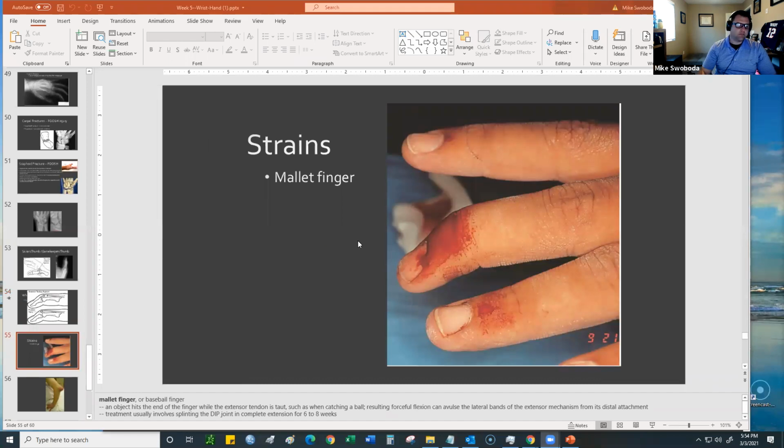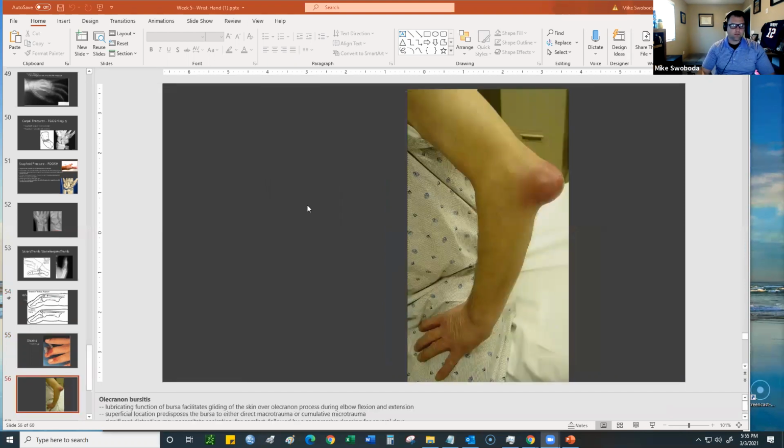Mallet finger or any kind of trigger finger, typically you're getting hit straight on, like straight on the fingertip. This here is actually bursitis. So that's how big your olecranon bursa can get when it's inflamed. And that's going to be pretty solid there.